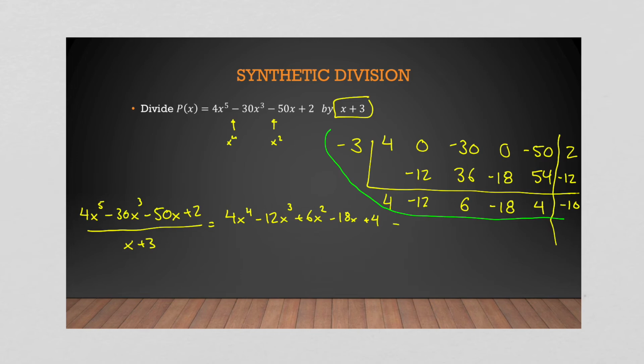So minus 10. But in this case, I've divided by x plus 3, so my notation is this notation. That remainder is also being divided by x plus 3. You could have it written the other way, which I'll write just below here.